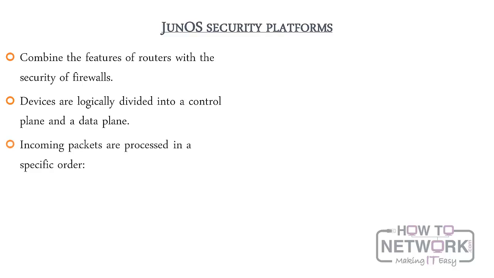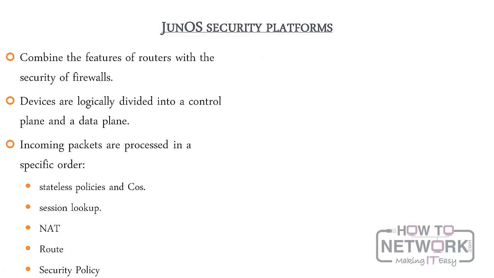Incoming packets are processed in a specific order: stateless policies and COS, then session lookup using IP source, destination, source port, destination port, protocol number, and session token. If the packet passes stateless policies but does not exist as a session, it is processed as a NAT, route, and security policy.